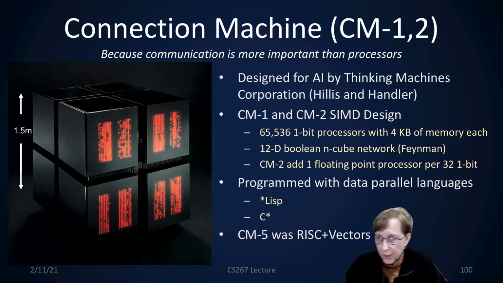Think about this as something that was meant to capture the neural activity of the brain, and you just had these 1-bit processors with 4 kilobytes of memory for each, but they had 64K of these 1-bit processors. And they were connected together in what's called an n-cube network.